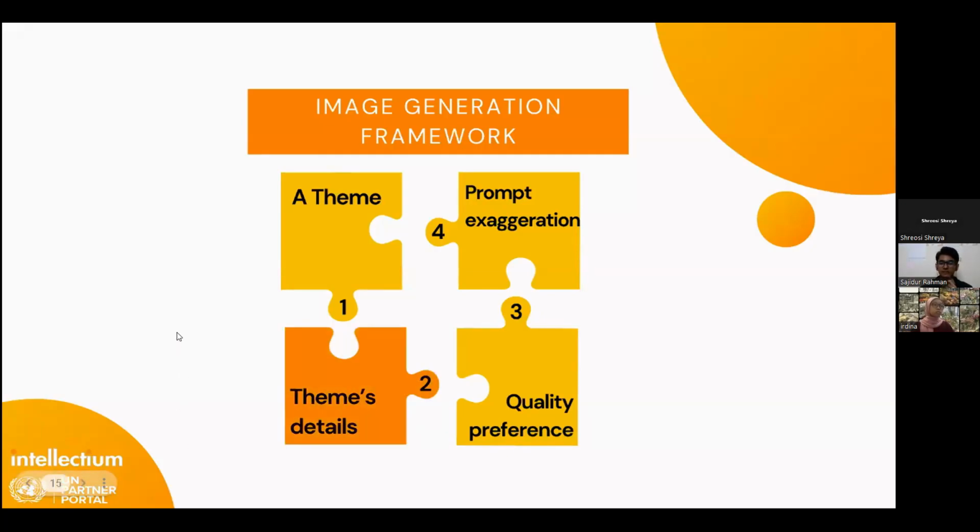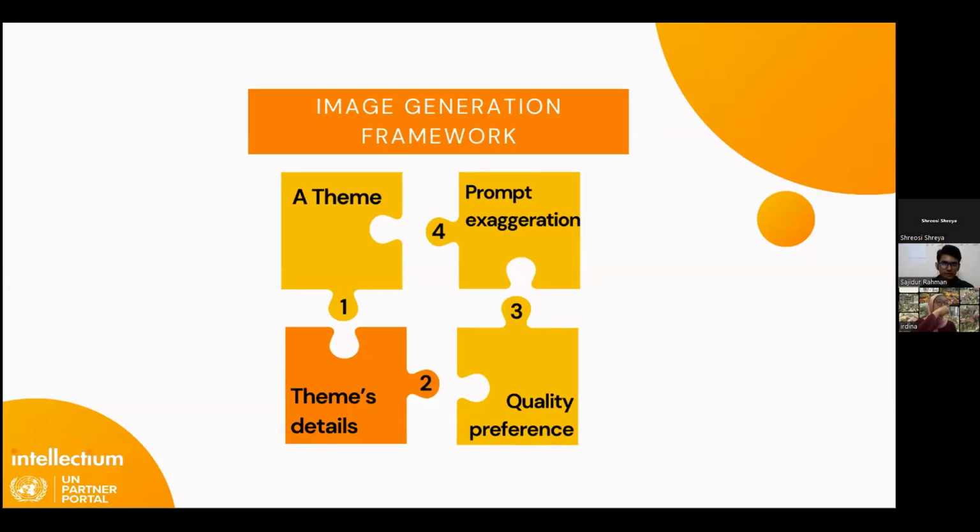And as for the theme's details, this is the part where you try to picture in your head every detail you could think of about the image, like the position, the atmosphere, the people around, things like that.